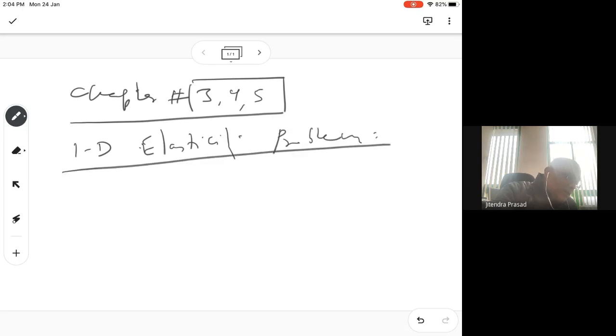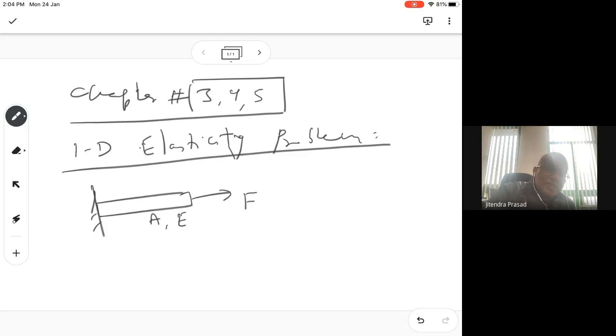Now you have already studied, and you know what the examples are. If you have a force F here, and area is A, E, then you immediately know sigma equals F over A. We have formulated this as a direct approach, and the strain is given by sigma over E, so F over EA.